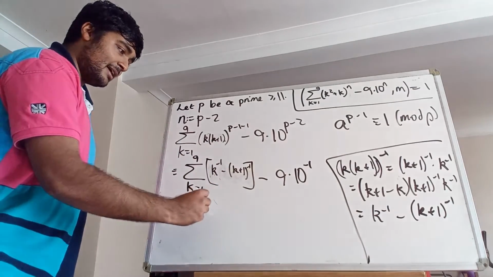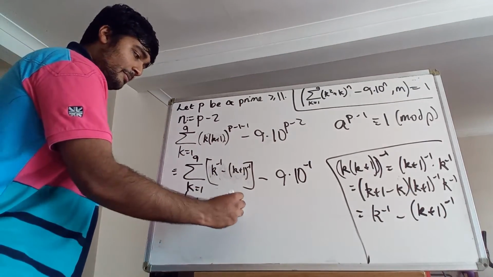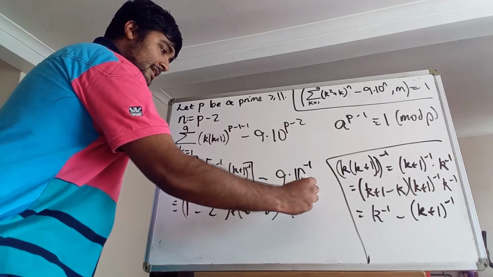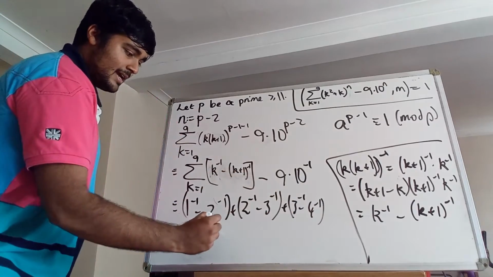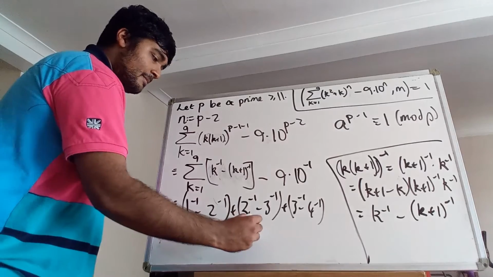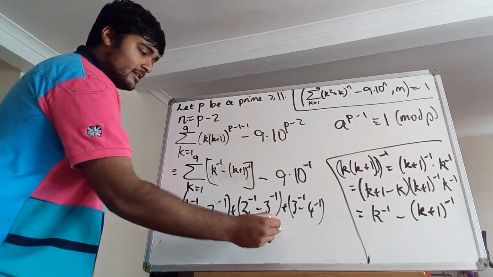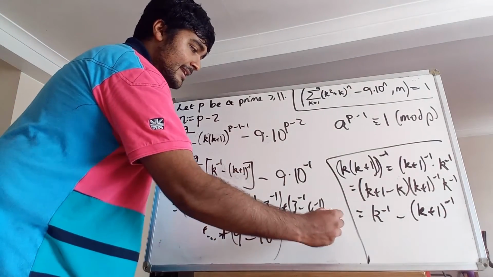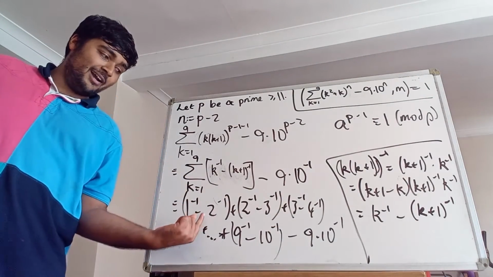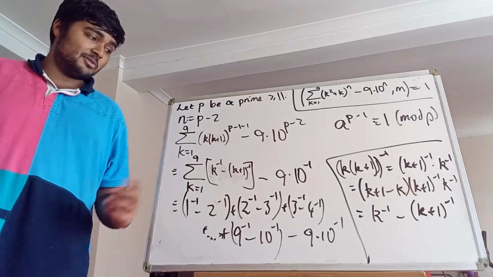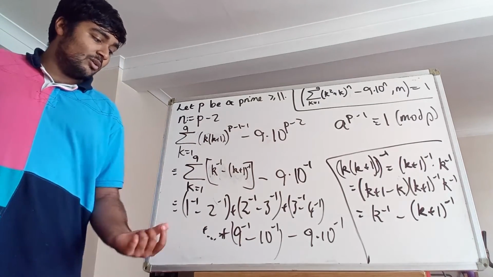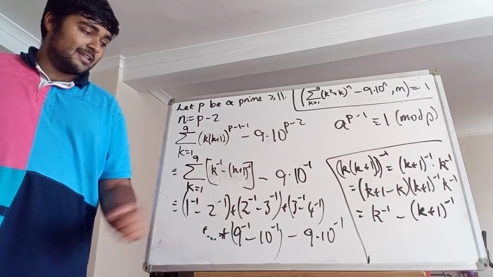This is 1 inverse minus 2 inverse, plus 2 inverse minus 3 inverse, plus 3 inverse minus 4 inverse, and so on, up to 9 inverse minus 10 inverse, like so. And then we've still got this minus 9 times 10 inverse here. But what's quite nice now is most of the middle terms here will cancel. We've got minus 2 inverse plus 2 inverse, those will cancel. Minus 3 inverse plus 3 inverse, those will cancel, and so on. So all we'll be left with is 1 inverse minus 10 inverse.